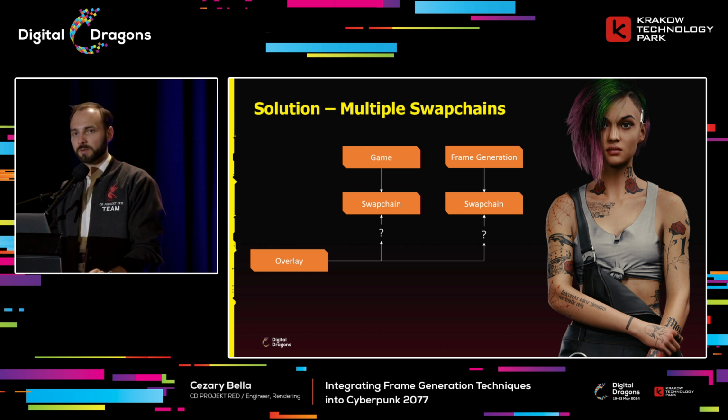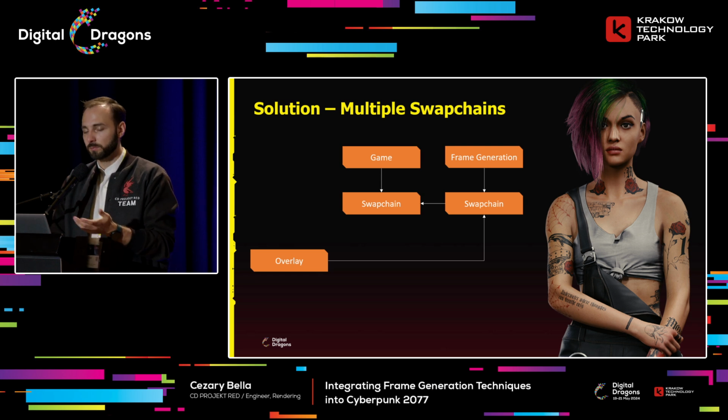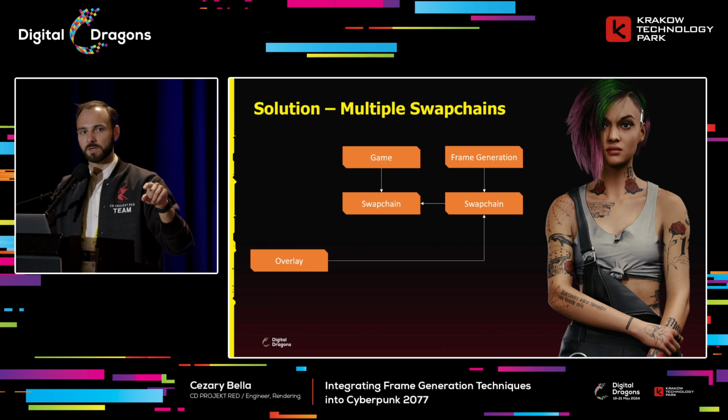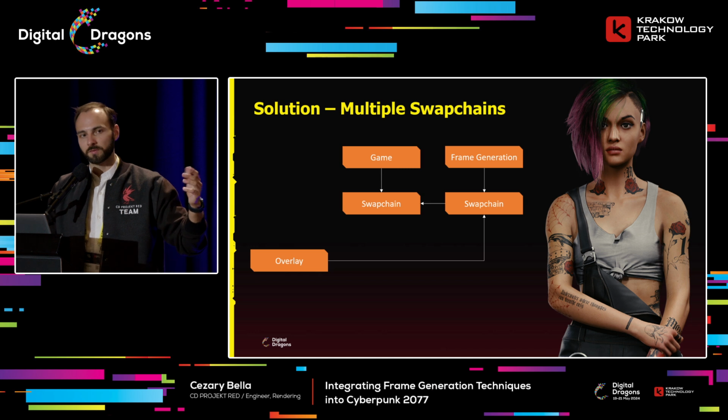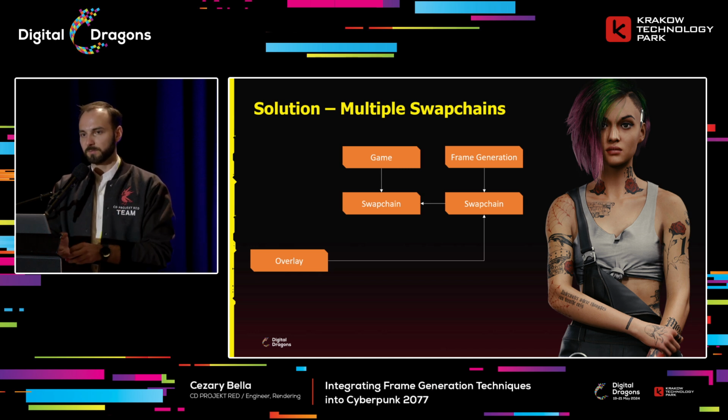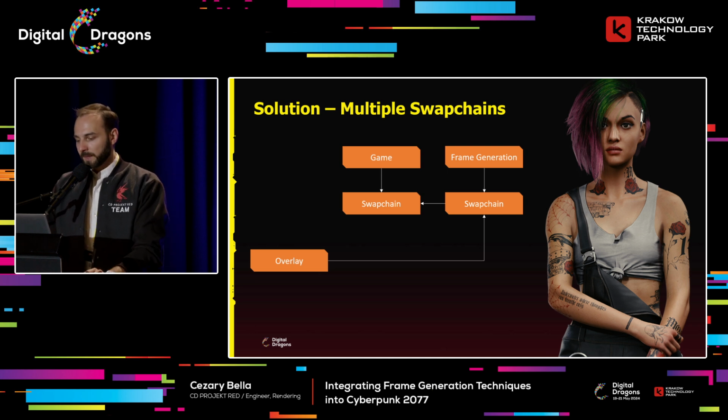We needed an algorithm to decide where to hook. The obvious answer is that we need to hook into the frame generation swap chain, because that already substitutes the swap chain in our game. We came up with an algorithm that recognizes which swap chain is which, and then it hooks into the frame generation swap chain, and boom, everything works. So that's really cool.